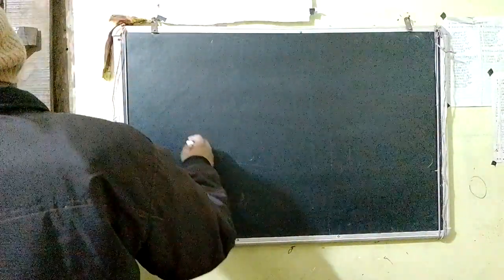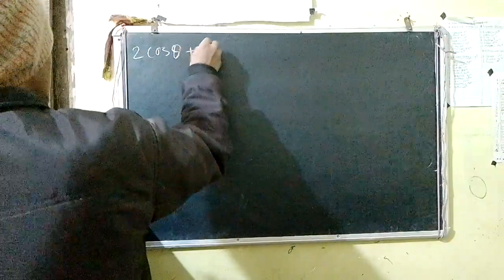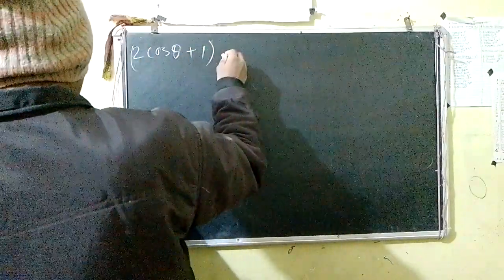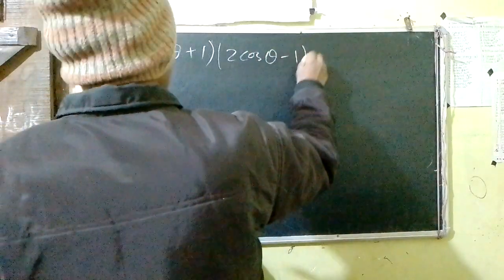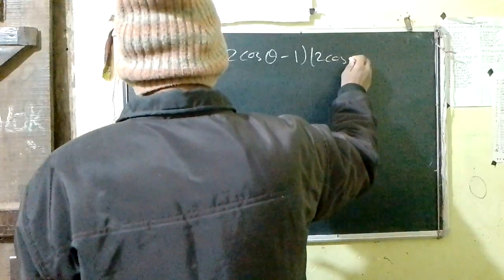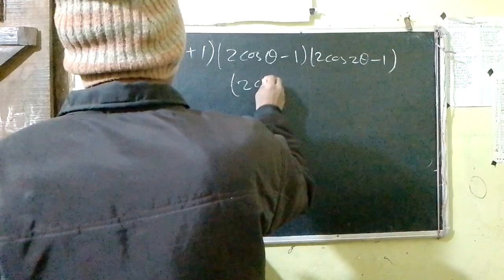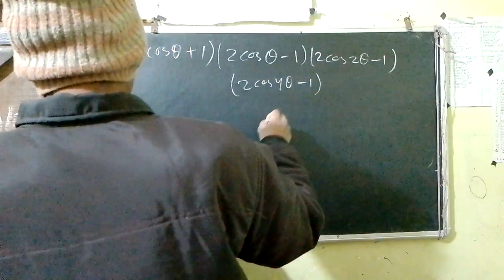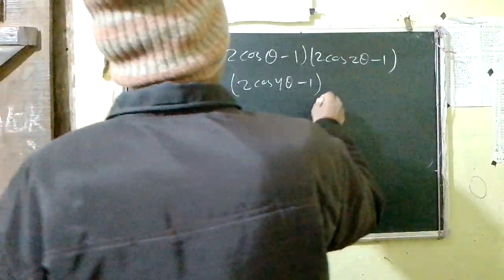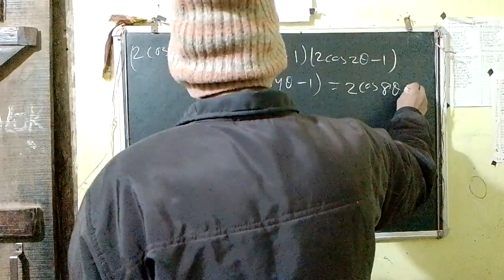Now we're going to solve the next problem, which is 2 cosine theta plus 1 times 2 cosine theta minus 1 times 2 cosine 2 theta minus 1 times 2 cosine 4 theta minus 1 is equal to 2 cosine 8 theta plus 1.